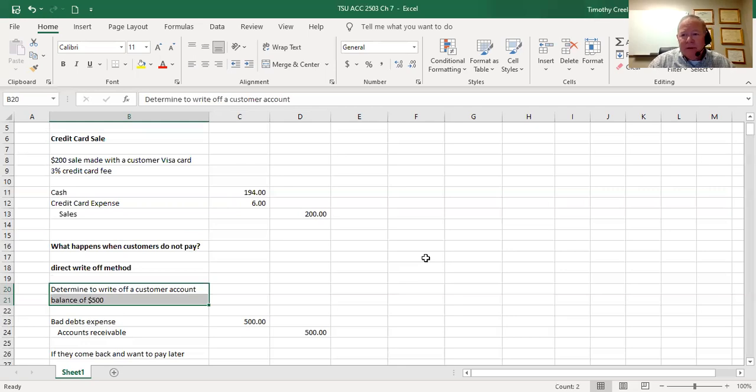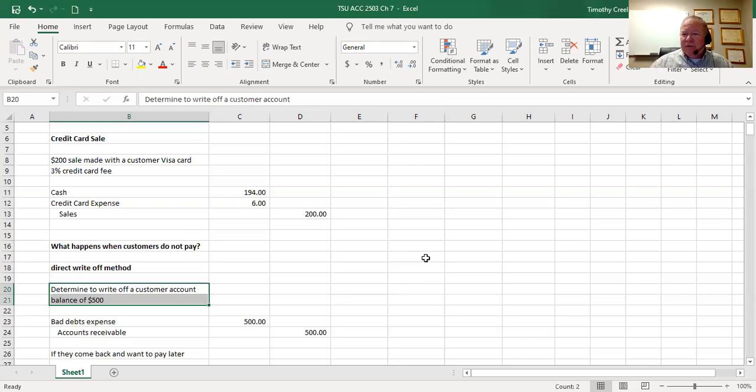And they go ahead and write it off. It benefits them because think about it, when you registered the initial sale, you were going to pay taxes on that. So by writing it off, if you're never going to collect, you have reduced your tax burden.